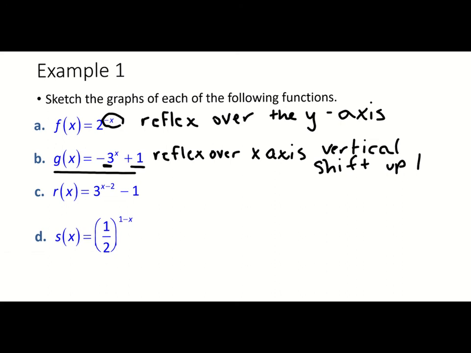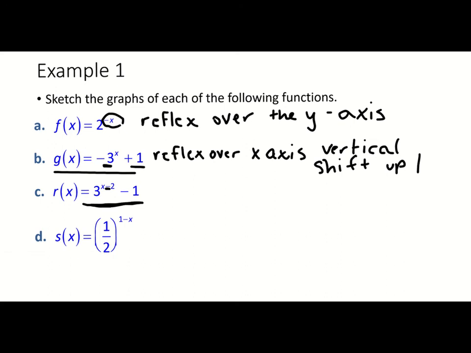Now, look at C. We have r of x equals 3 to the x minus 2 power minus 1. So there's no negative with the 3 or with the x, so there's no reflection there. So there's no reflection, but I do have an x minus 2 up there. So remember, if the addition or subtraction is with the actual exponent or with the x value, that is going to mean a horizontal shift.